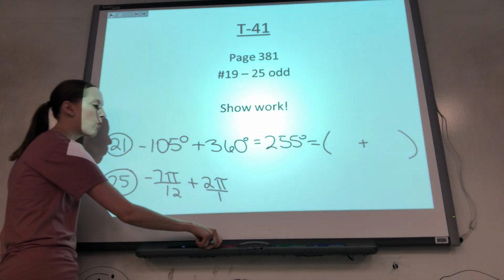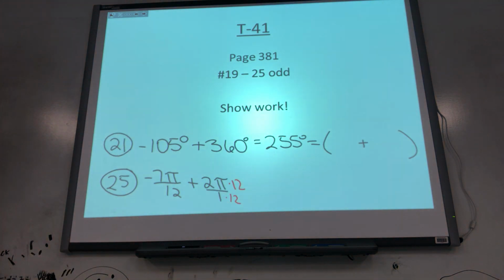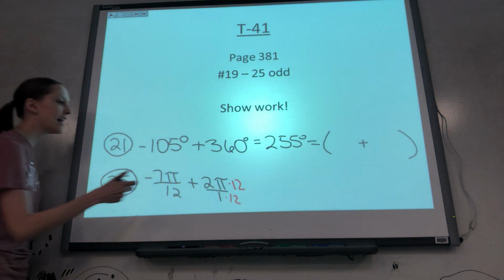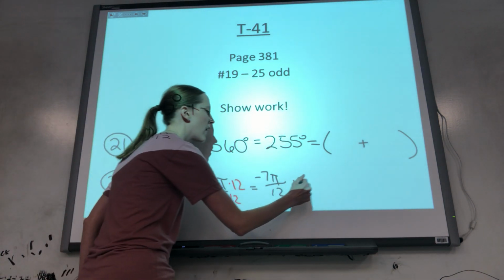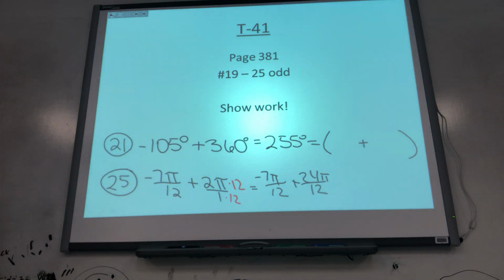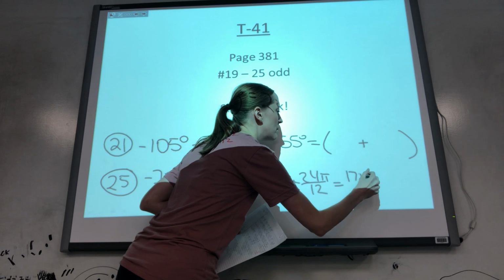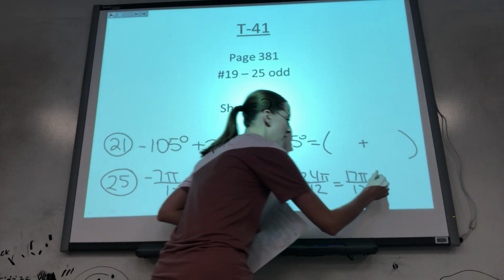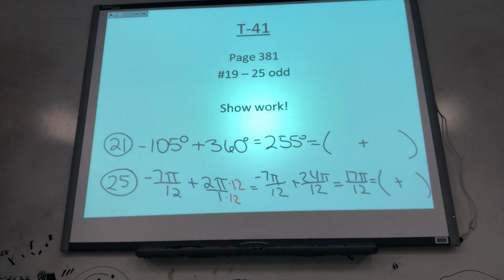Think of that over 1, multiply by 12 on top and bottom, and that would turn into negative 7 pi over 12 plus 24 pi over 12. And then if you go ahead and subtract that out, that should be 17 pi over 12. So I'll leave you that next part, but you can find a couple numbers that add up to that.